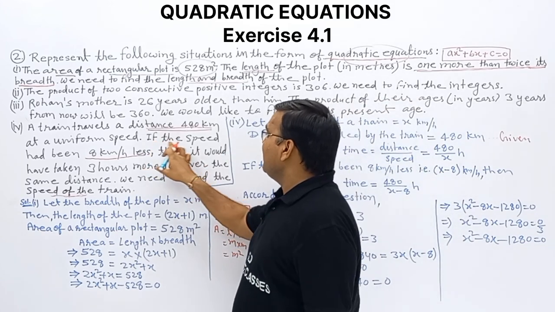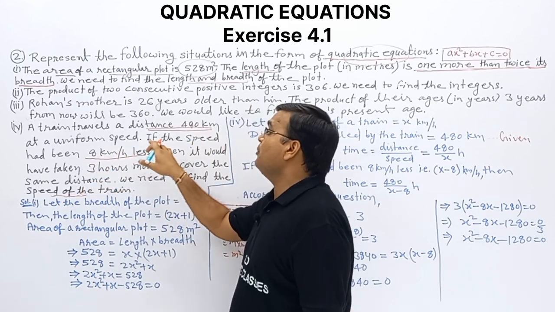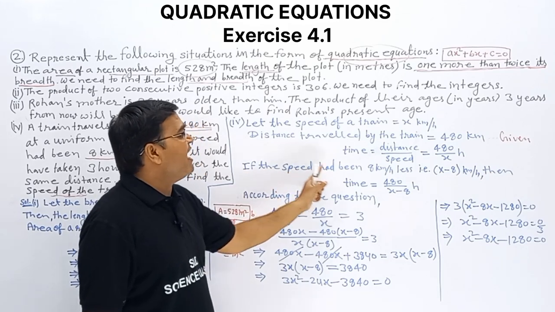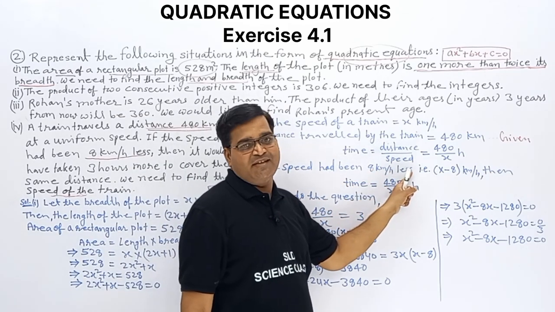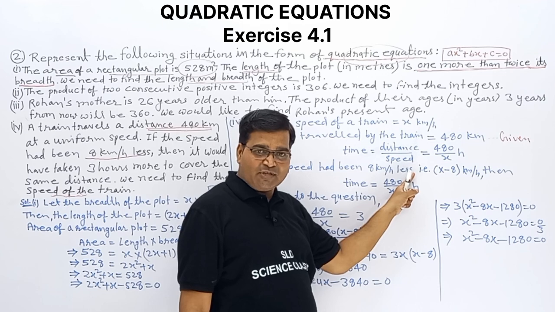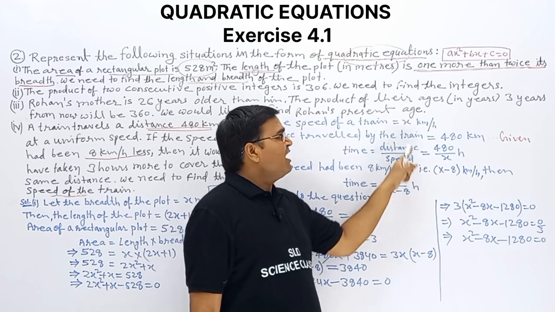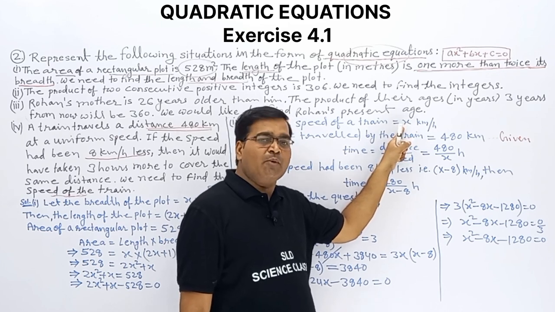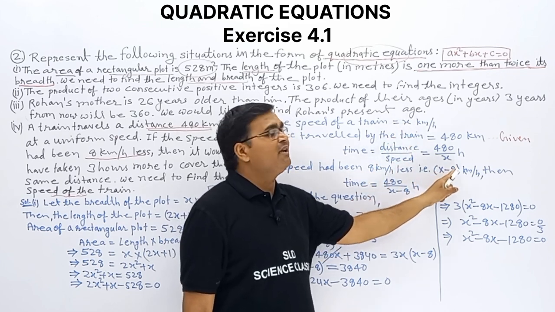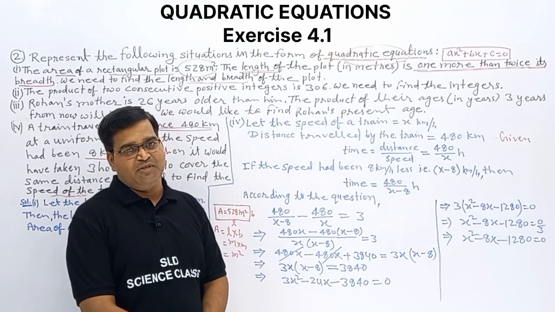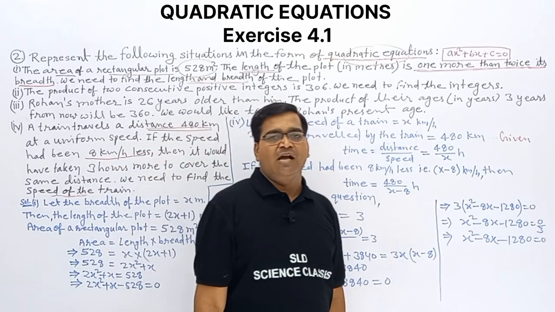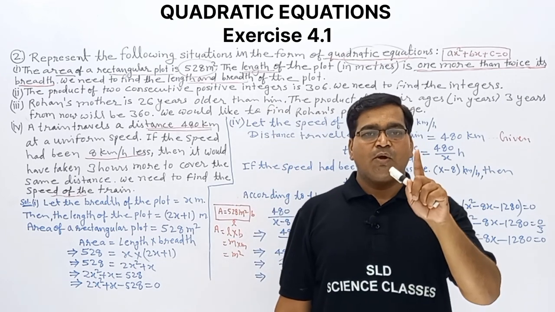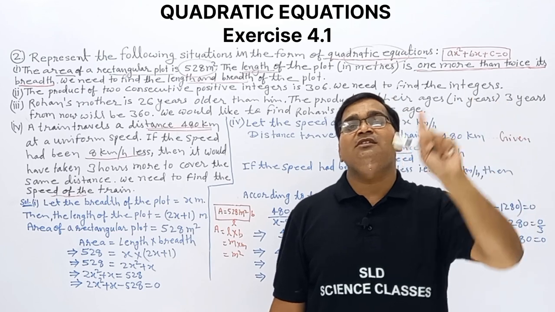What is the situation? If the speed had been 8 km per hour less, it means whatever original speed we have will be reduced. We have x as the original speed, we assumed, so we will subtract 8 from this. So this will be x minus 8 km per hour. When we reduce our speed by 8 km per hour, it is subtracted from the original speed.